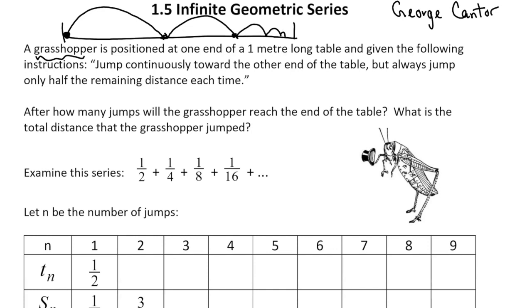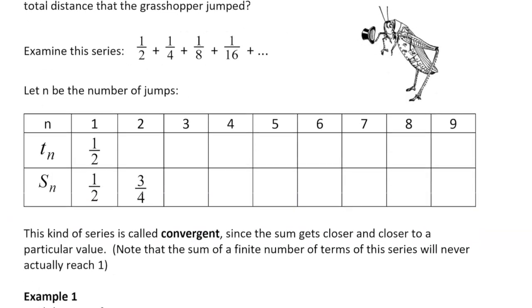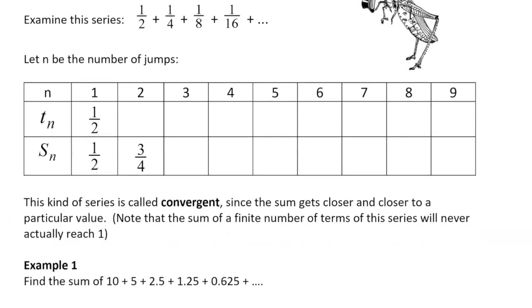And what we have is this idea of figuring out, what is an infinite geometric series? An infinite geometric series means that you could have an infinite number of terms and essentially approach a number. Okay, so what do we mean by that?